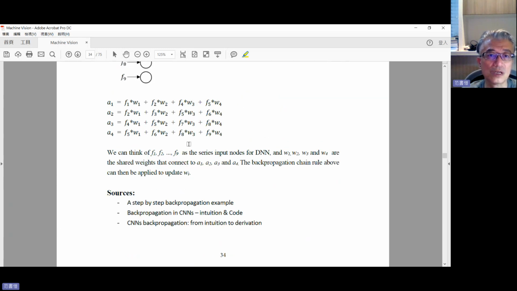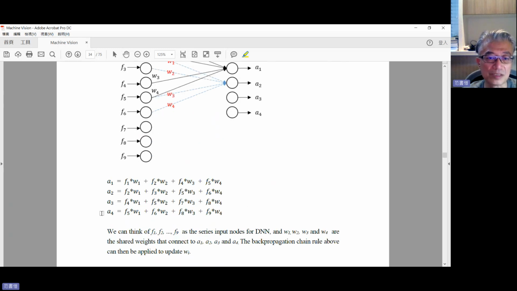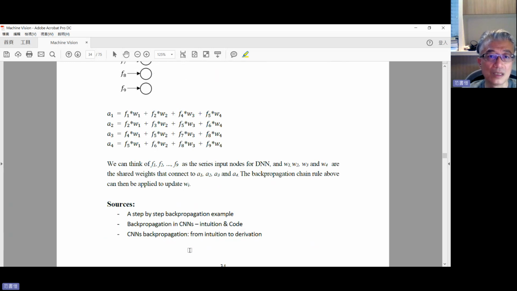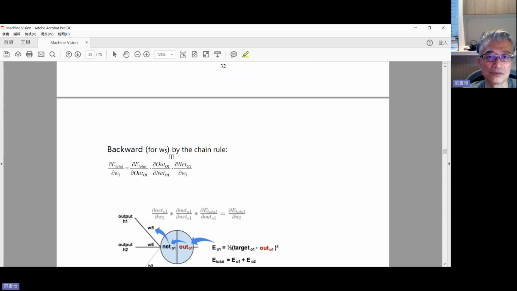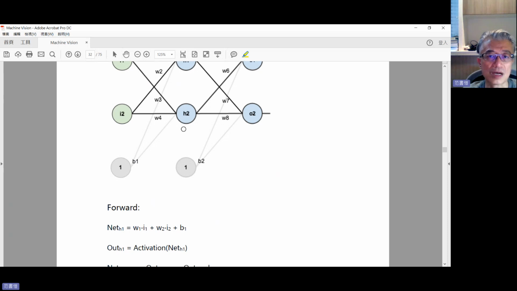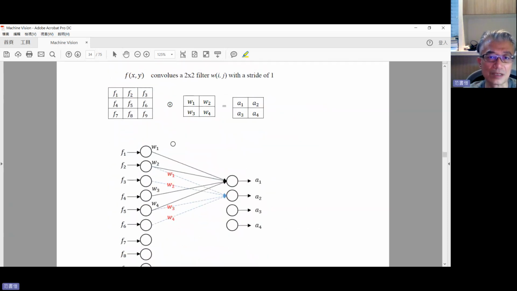Based upon this rule, the error with respect to the weight can be computed based upon this relationship. So if this is possible in the CNN, that's all. So in this CNN, by striding and using the convolution, the update of the weight is possible.